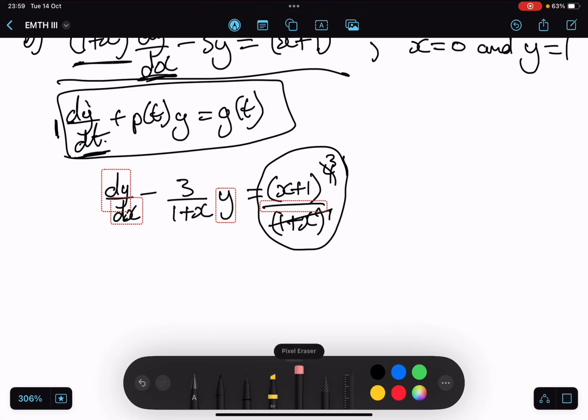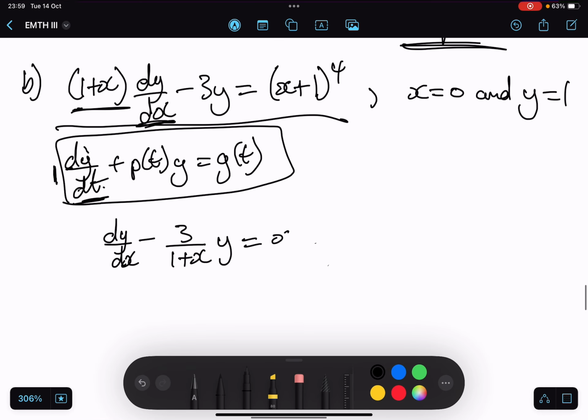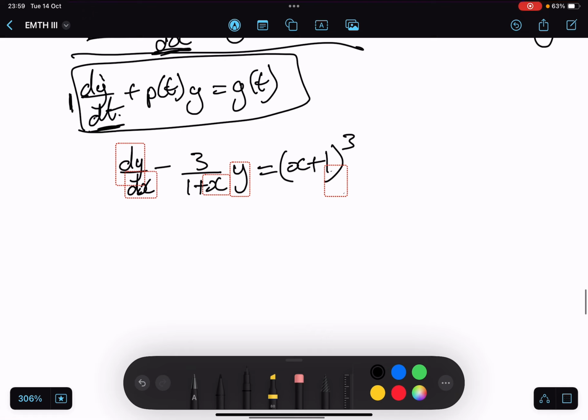So the simplified form is (x + 1) cubed. Now we have written this equation in this format.